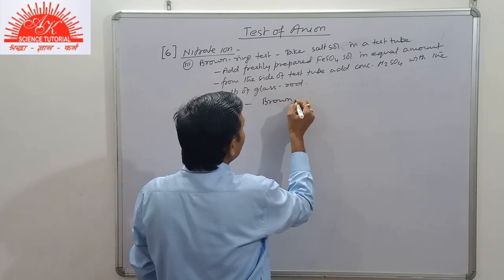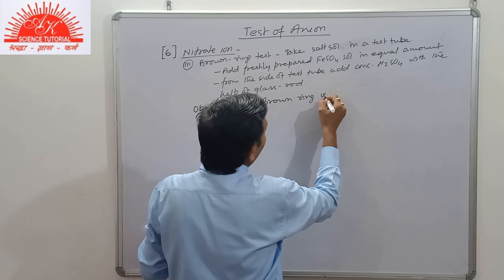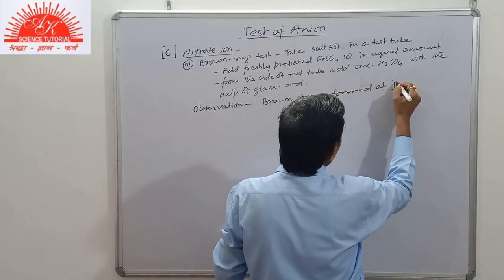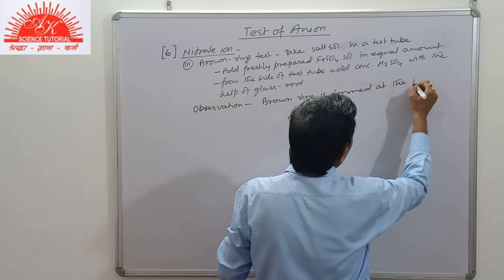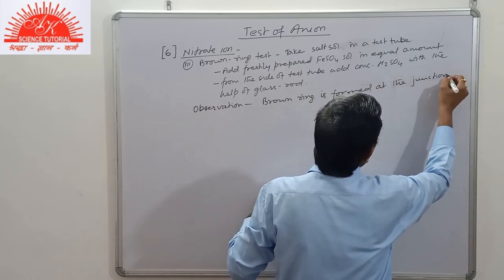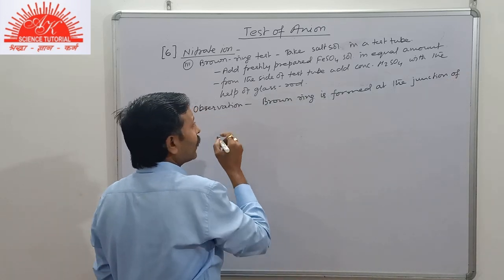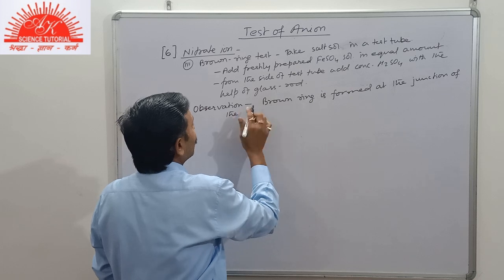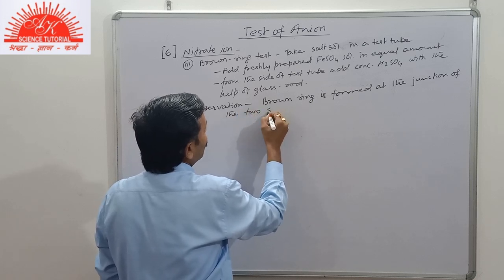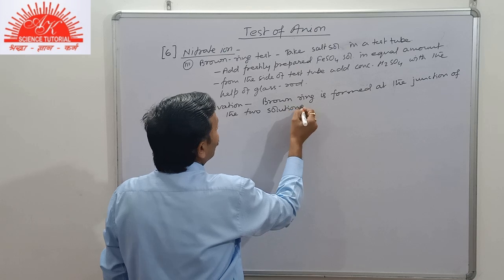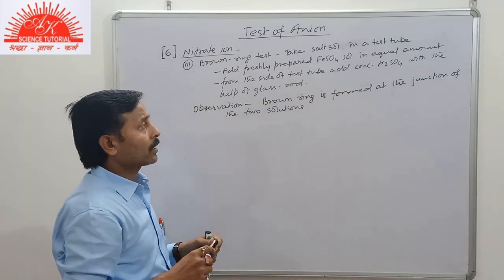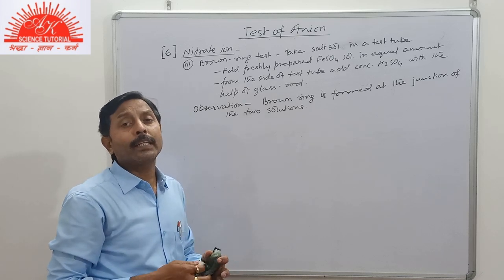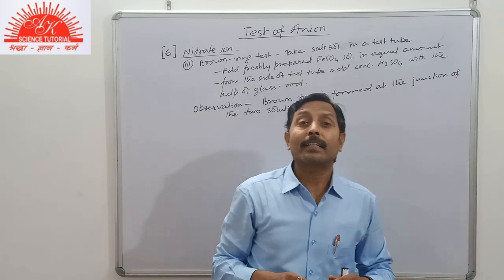A brown ring is formed at the junction of the two solutions. So this is called the brown ring test. It can be taken for a nitrate salt or as a test for nitric acid.